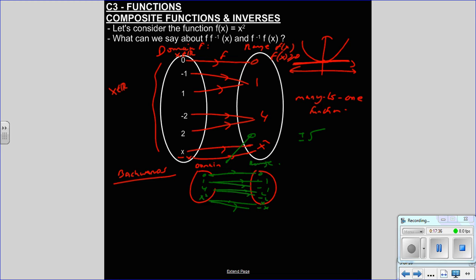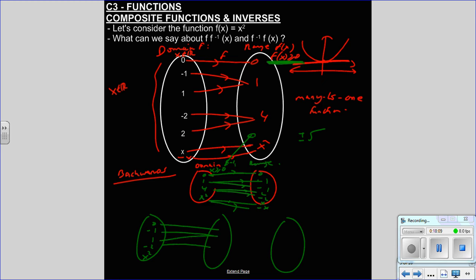Again, if I've got the domain for the inverse, f to the minus 1, it is x is greater than or equal to 0, because remember, for our composite functions, we take the range of the old one and make it our domain, right? Because in a sense, this is what we're doing. I could draw it another way. We have our 0, 1, minus 1, 1, minus 2, 2, x, yeah? We apply f to it, and then we get all of our stuff which we had before.